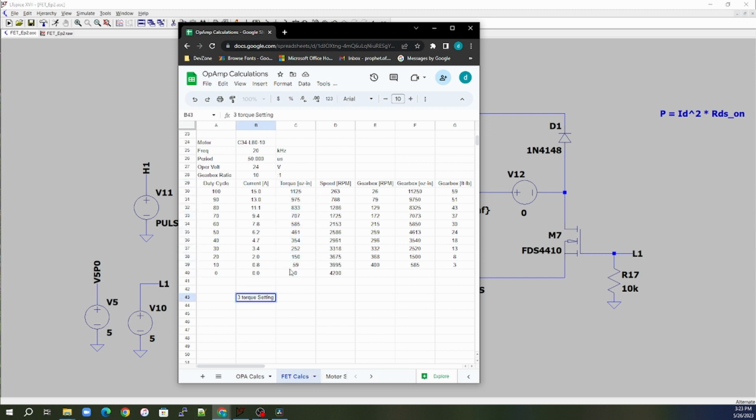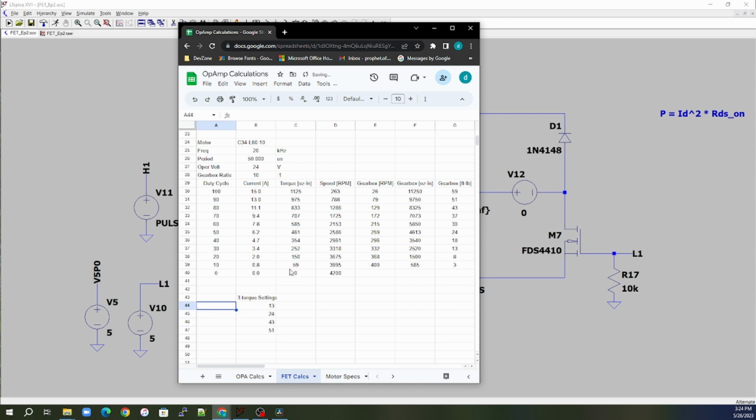We want 3 torque settings. And we want one of those torque settings at 13 foot-pounds. We want another torque setting at about 24 foot-pounds. And then we want the final torque setting at, let's say, 43 foot-pounds. But then we want to shut down at 51 foot-pounds.